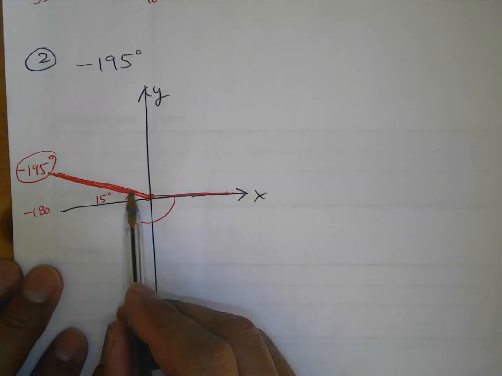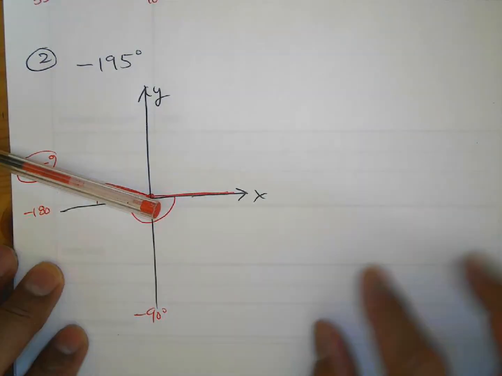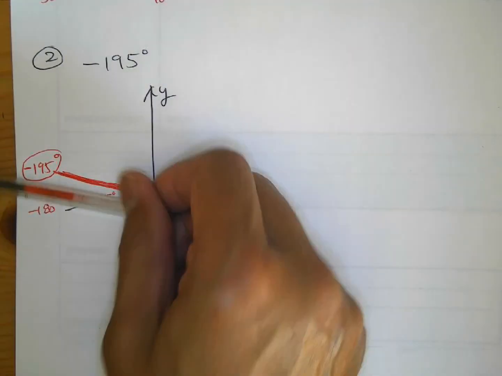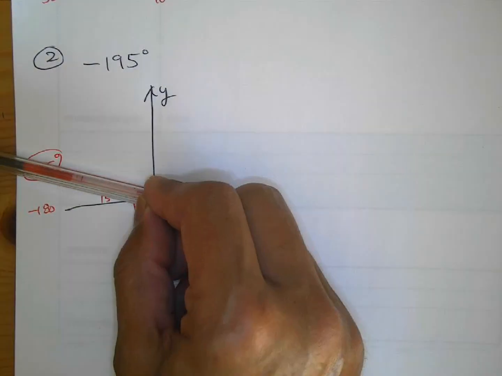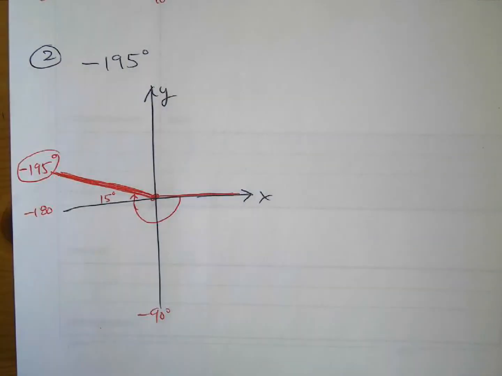Okay. What do I have to do if I'm right here at negative 195? What do I have to do to get right back again? Well, I have to do 195 plus what? 360 again. Right? You just add another 360, but it's negative, right?